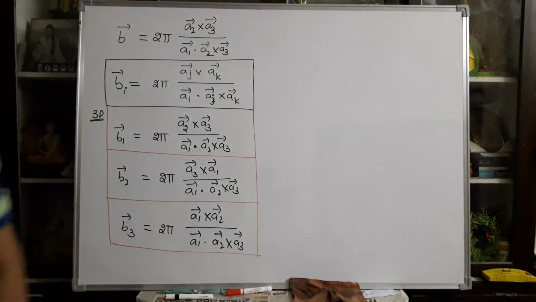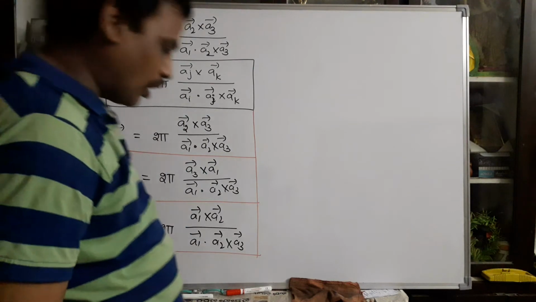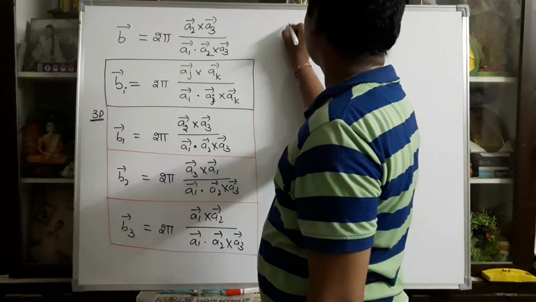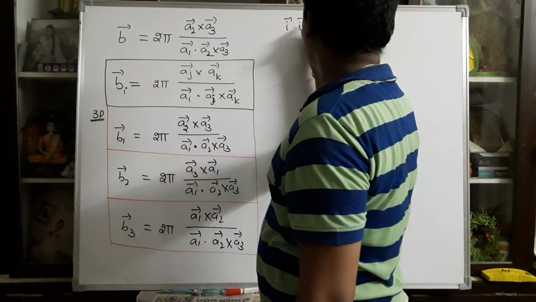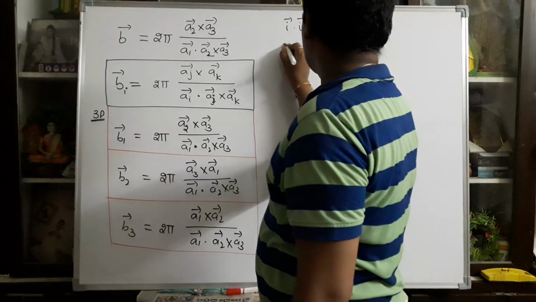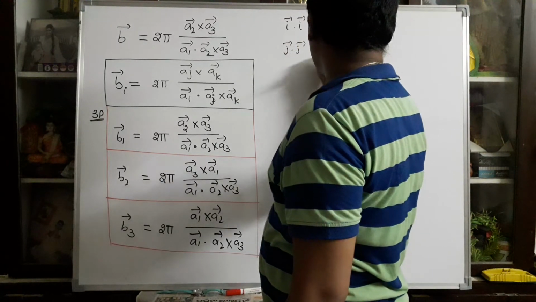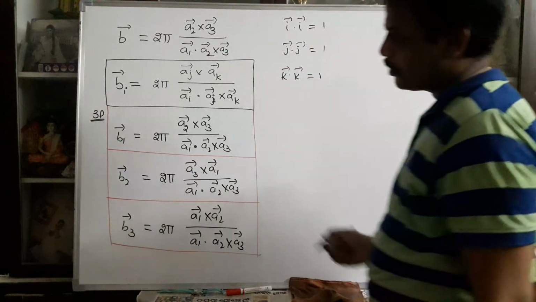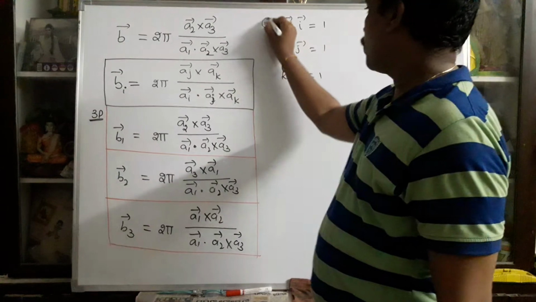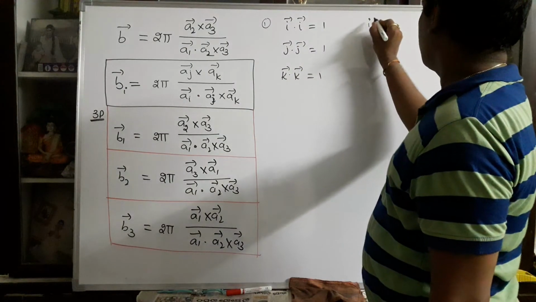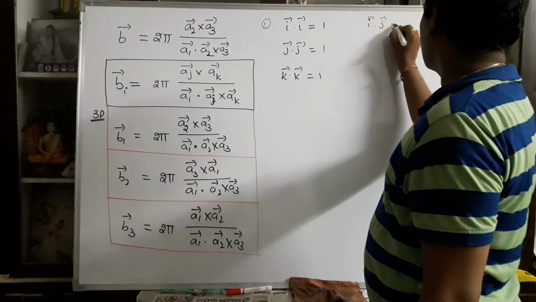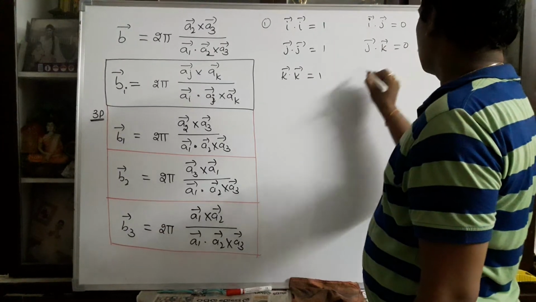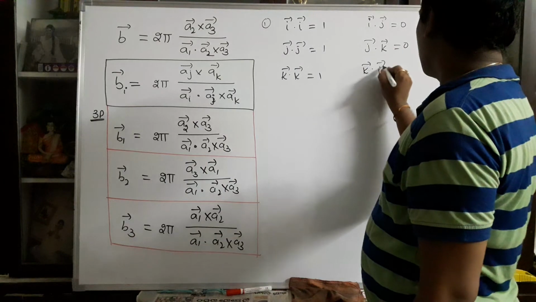Everyone knows vector multiplication, cross product and dot product. From the dot product point of view, i bar dot i bar is equal to 1, j bar dot j bar is equal to 1, k bar dot k bar is equal to 1. Also i bar dot j bar is equal to 0, j bar dot k bar is equal to 0, k bar dot i bar is equal to 0.